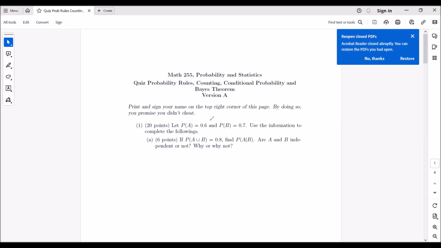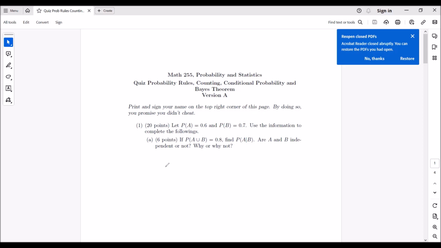So remember that. We're going to use three rules and a Venn diagram to solve these problems. But again, the purpose is to illustrate these rules, not to apply them in real world situations.